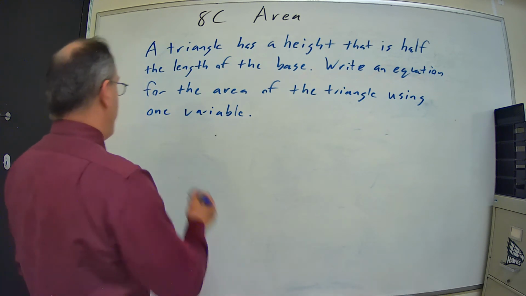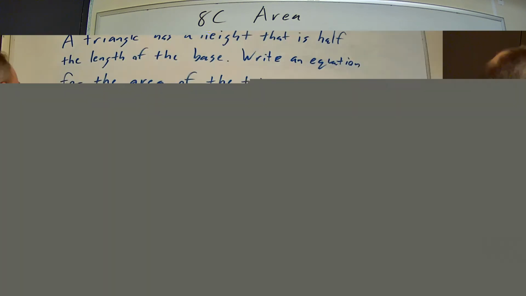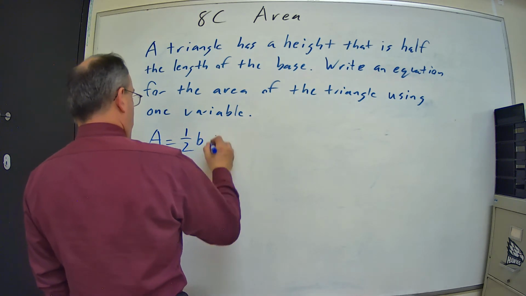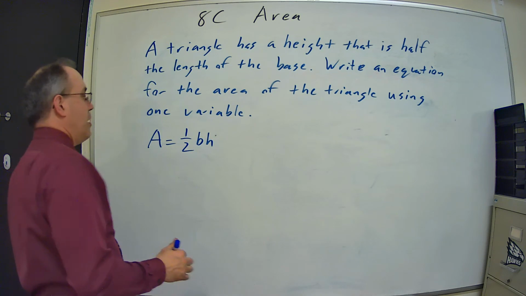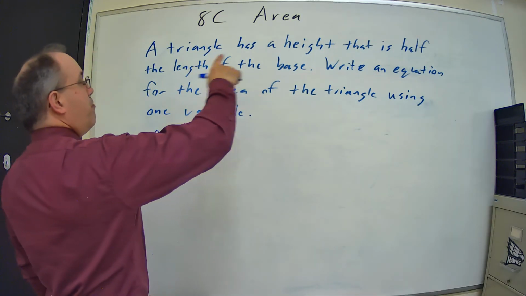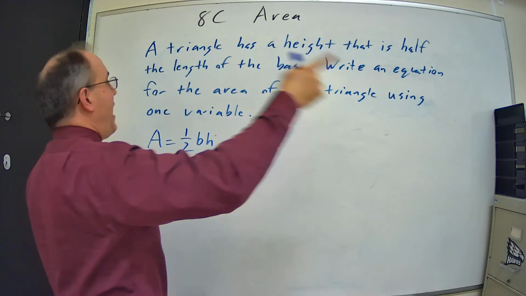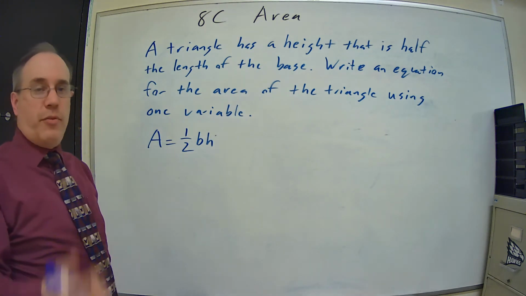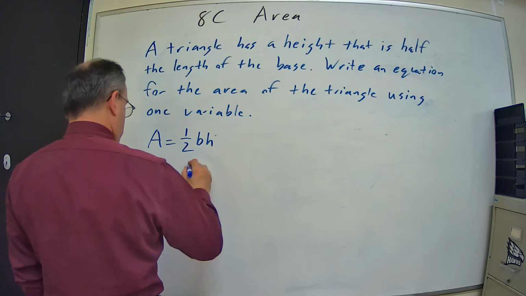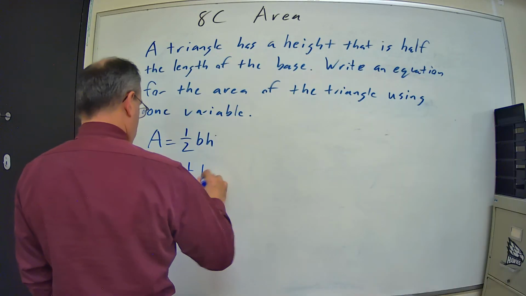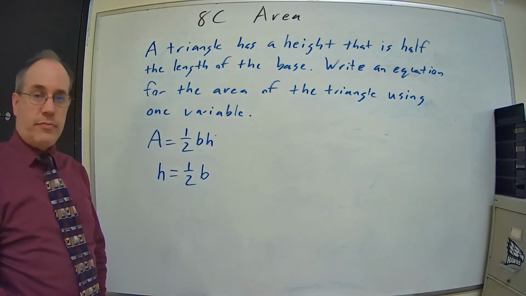Okay, so we know the area of a triangle is equal to 1/2 the base times the height. This tells us that the height is 1/2 the length of the base. So h is equal to 1/2 of the base.